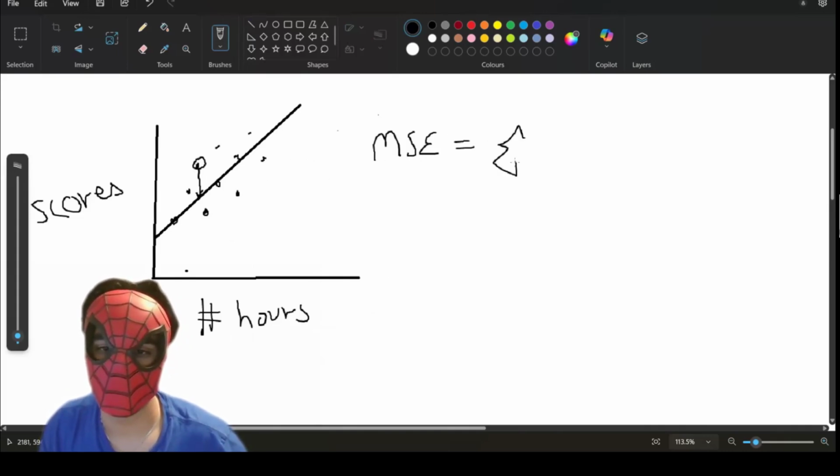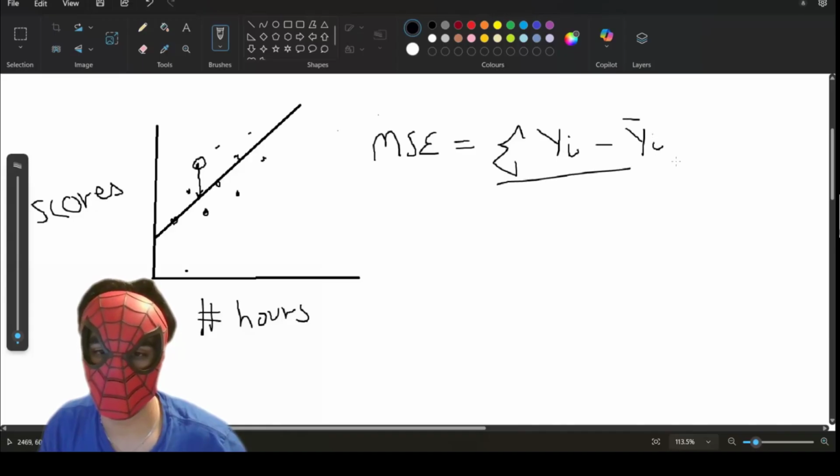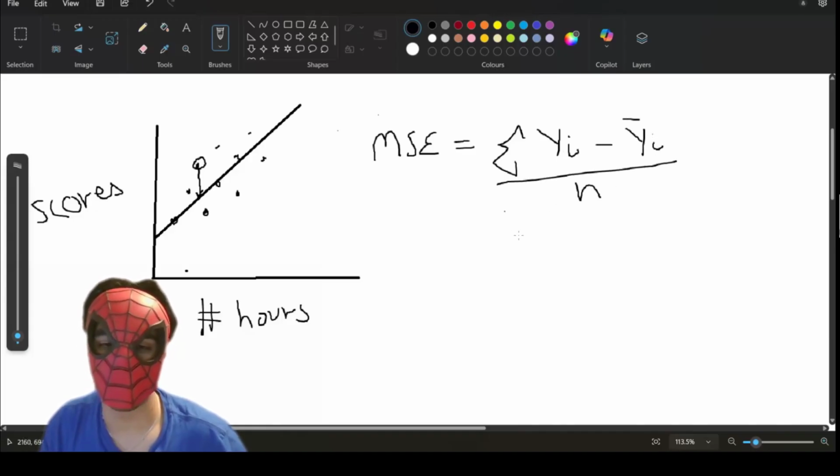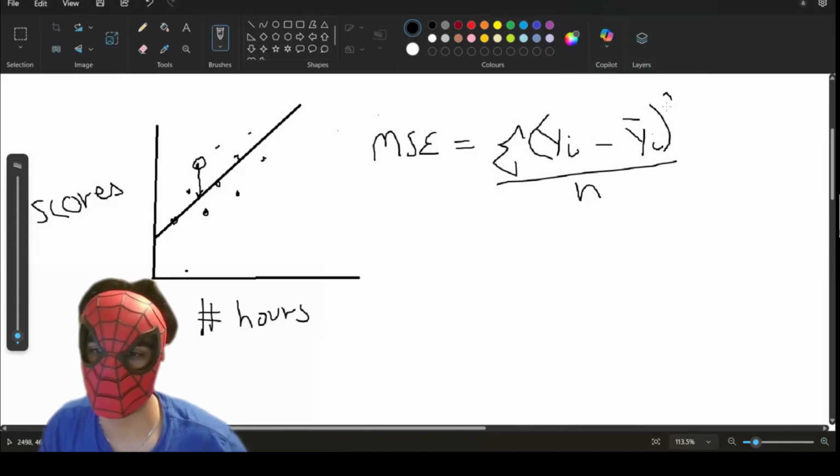So mean is we take the sum of the actual value minus the predicted y value given the line, and then divided by the number of points to find the average. And this has to be squared. That's why it's called mean squared error.